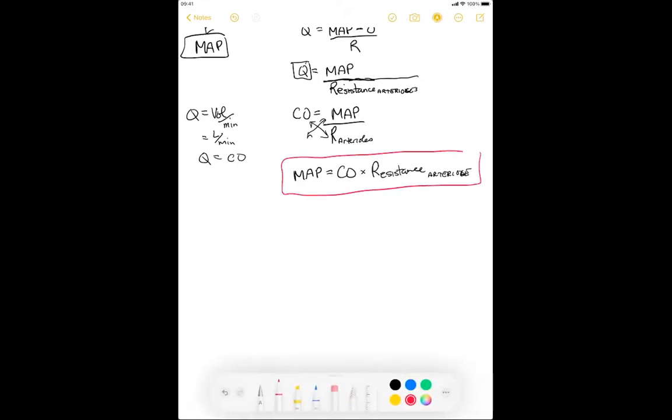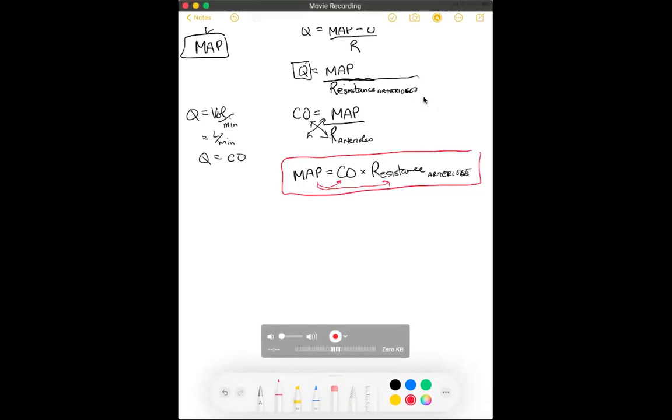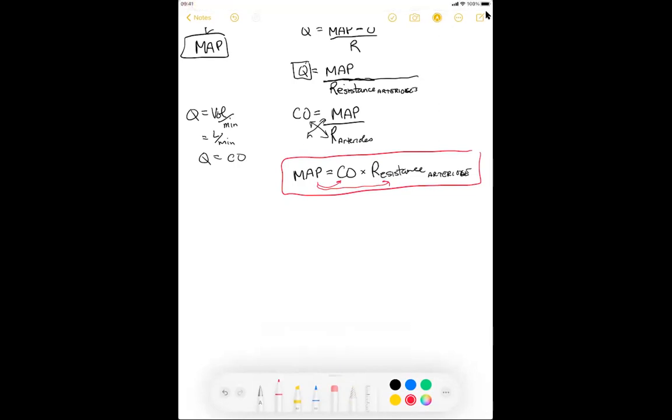Mean arterial pressure varies directly with cardiac output and varies directly with resistance in the arterioles. So that's the mathematical proof, if you were interested. And some of you might not be interested, but it helps it make sense if you're a mathematical type person. If you're not, I won't ever get you to prove this on a test or anything like that, but it's good to kind of know.